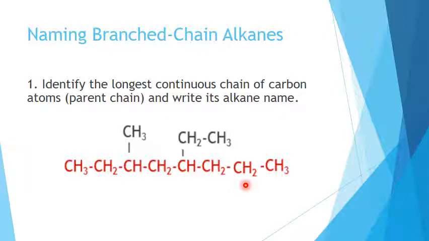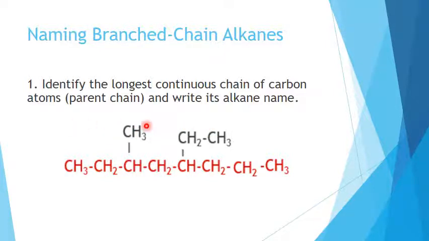Let's go about naming different isomers. This structure has 1, 2, 3, 4, 5, 6, 7, 8, 9, 10, 11 carbons. So this is an alkane with 11 carbons, and its chemical formula would be C11. The number of hydrogens would be twice that, 22, plus 2 is 24.